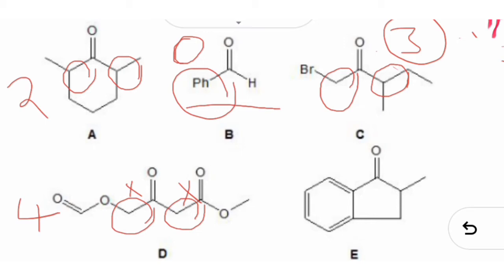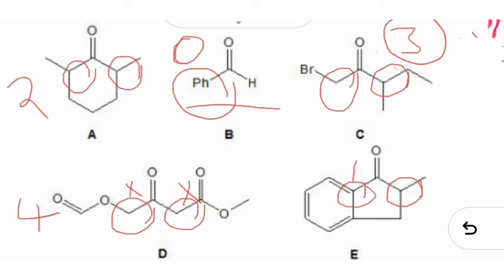Molecule E has two alpha carbon atoms, the carbons just right next to the carbonyl group, or next to the functional group. You have one alpha carbon right there and another alpha carbon right there.